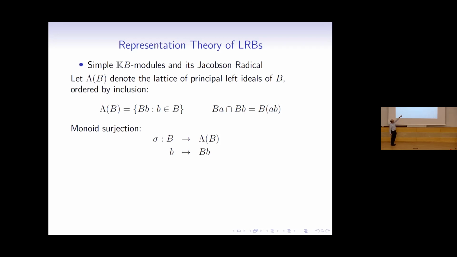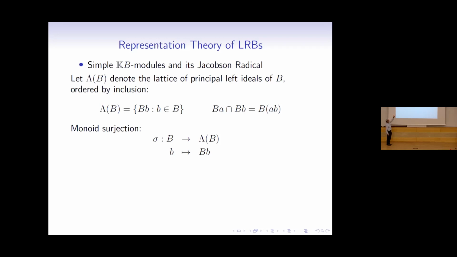So it's a fact, not obvious, but it's a fact that the intersection of two principal left ideals is another one. And not only another one, it's the principal left ideal generated by the product. And that's a theorem, a special case of a theorem of A. H. Clifford from 1940. But here we interpret it this way.